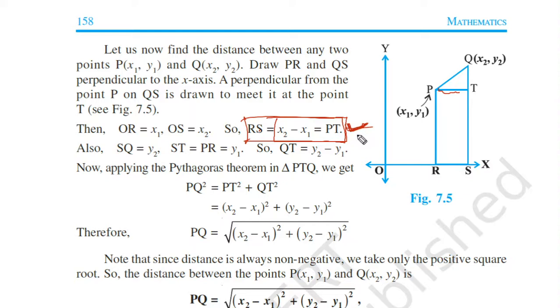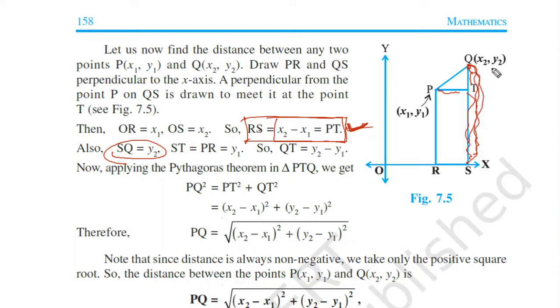Now again we have to find the value of QT also. To find the value of QT, first we have to find the value of QS, then TS, then we will subtract them. So let's start. What is the length of SQ? The y coordinate of this point will be the length of SQ.